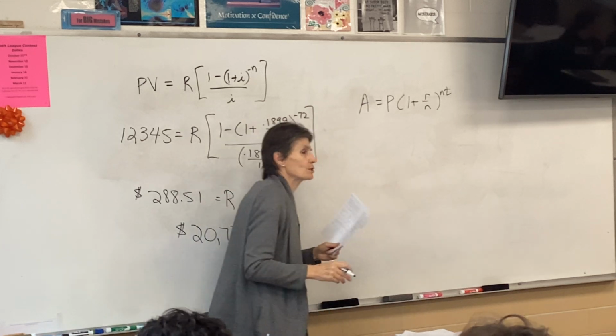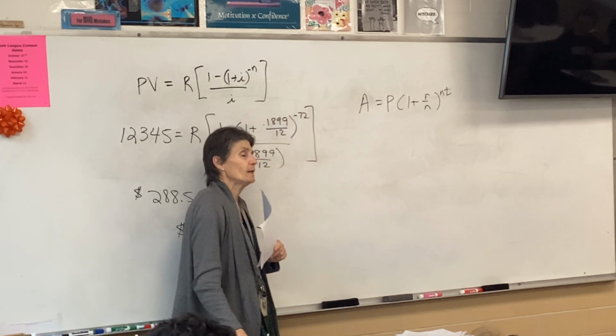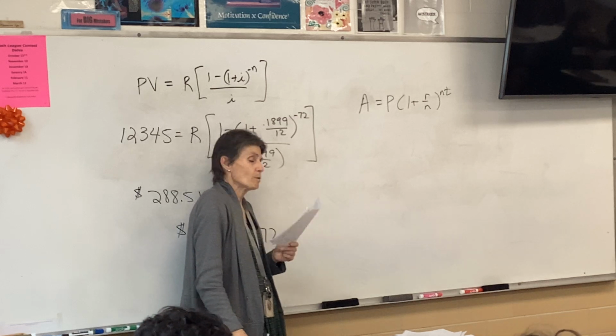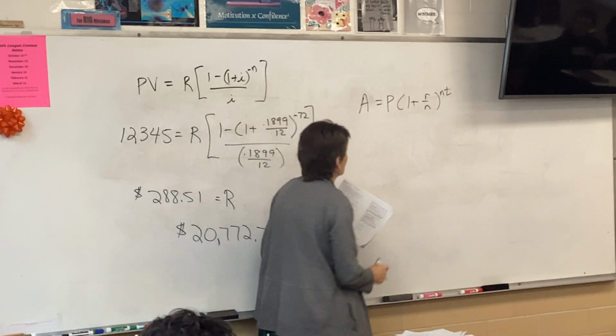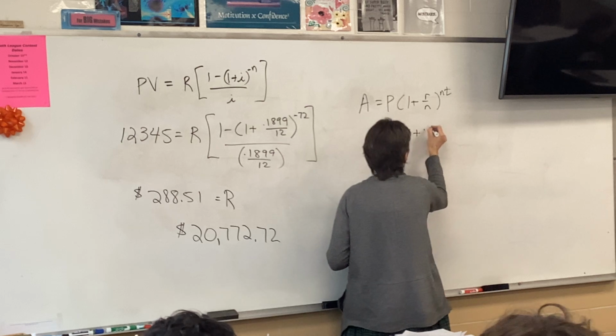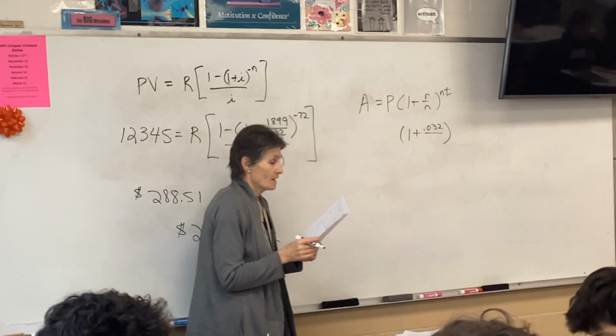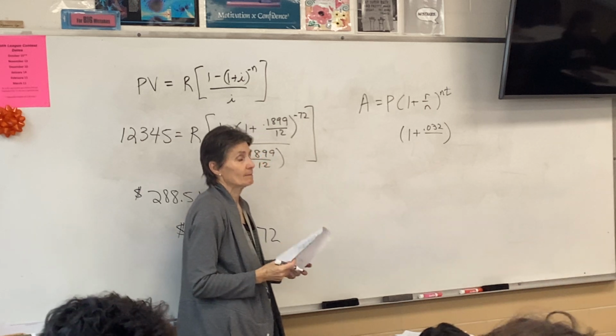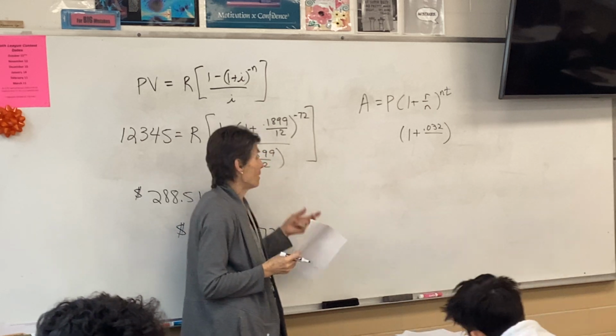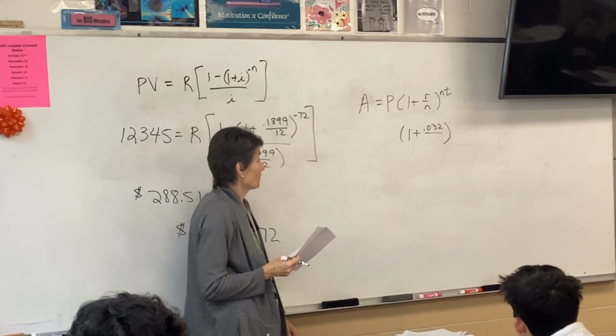How long will it take to triple my investment if the interest rate is 0.032 compounded annually? I'm missing a whole bunch of stuff.